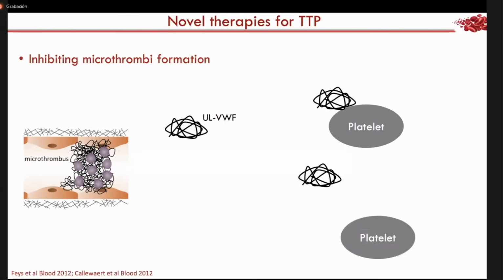Our team developed an antibody against the platelet receptor that is responsible for the interaction with VWF. Then years later, Ablynx, now Sanofi, developed a nanobody that recognized the A1 domain in VWF and also blocked the interaction with the platelet. And that nanobody is the antibody you all know well, caplacizumab.